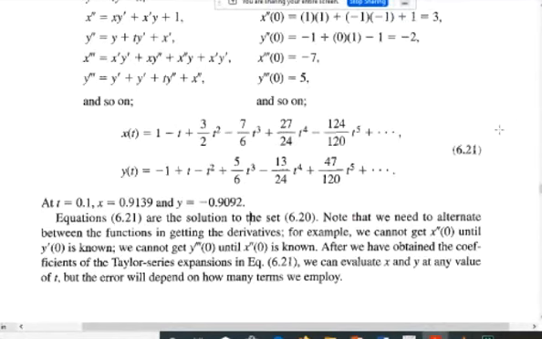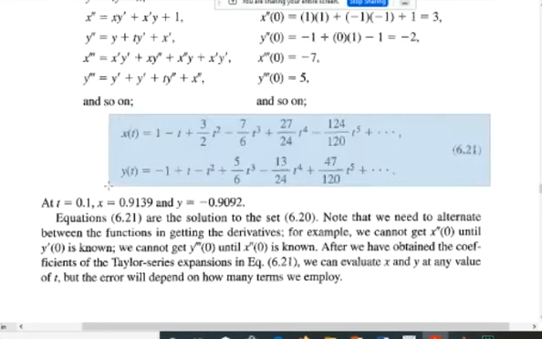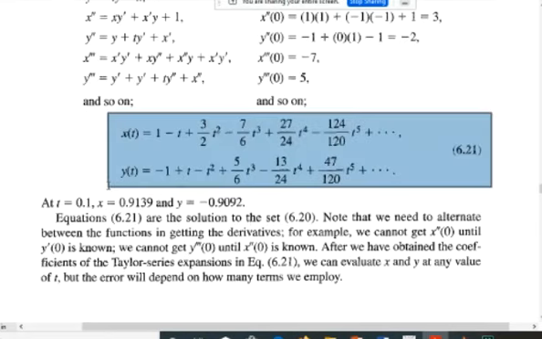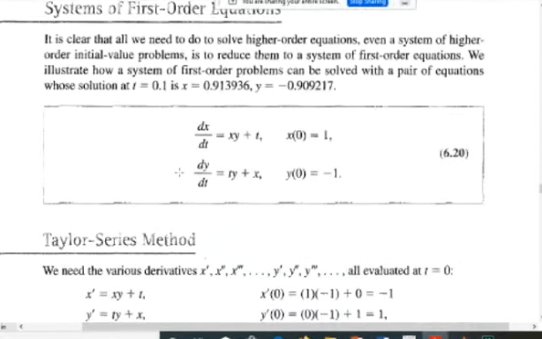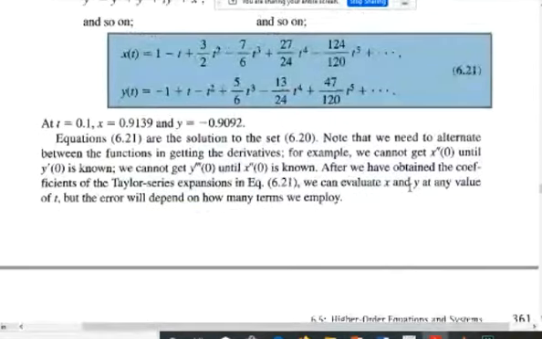Equation 6.21, this system of equations, is the solution to the set of 6.20 in this box, the system of differential equations, and we should find other ways of getting derivatives.